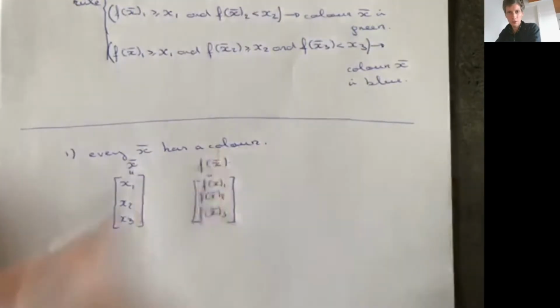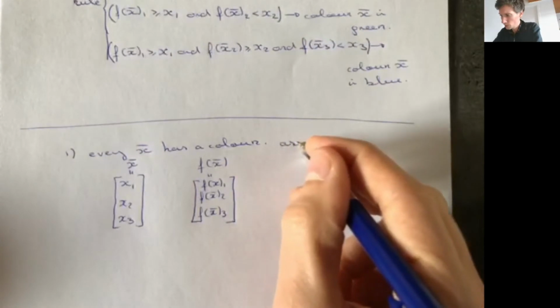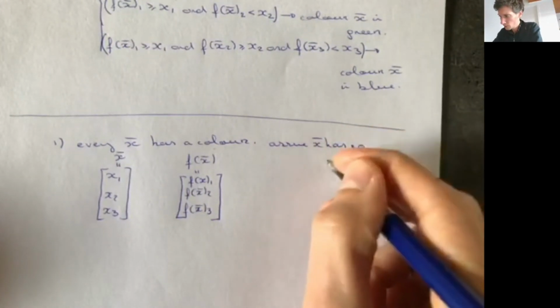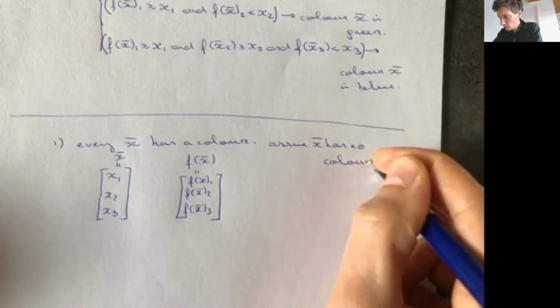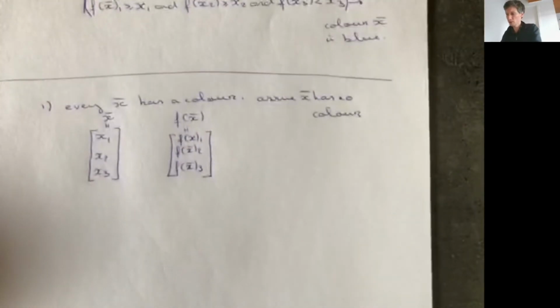You have to show that every x has a color, so the proof is going to be similar to what we have done for the one-dimensional case. We're going to use an argument by contradiction, so assume x has no color. So assume that we have a node here, x, one of these, and it doesn't have a color. What do we know then?